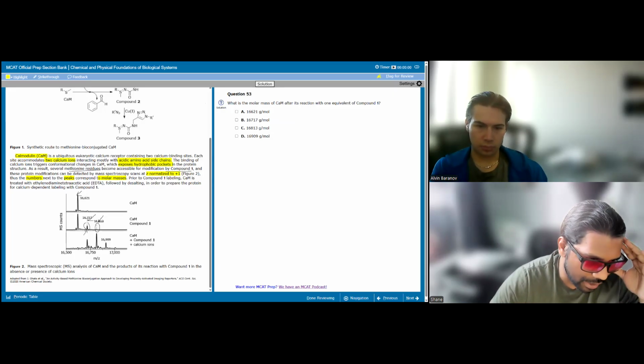So we know CAM on its own is this. And then we have something with CAM and compound 1, and then CAM with compound 1 and calcium ions.